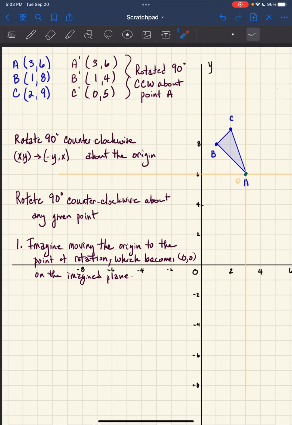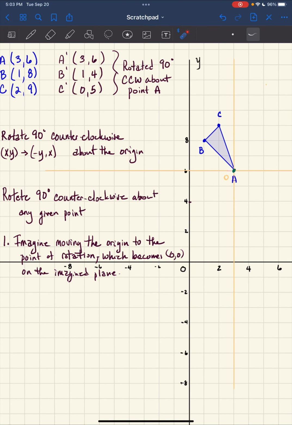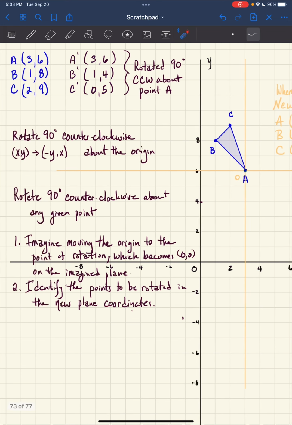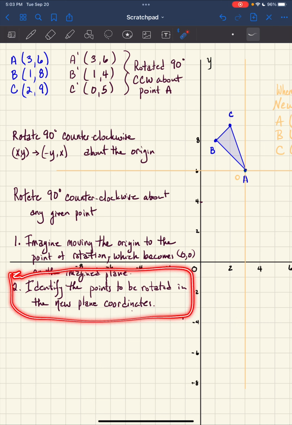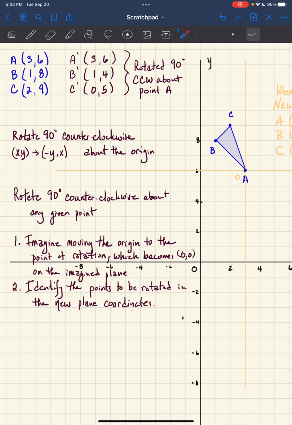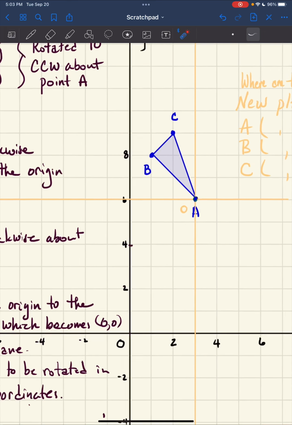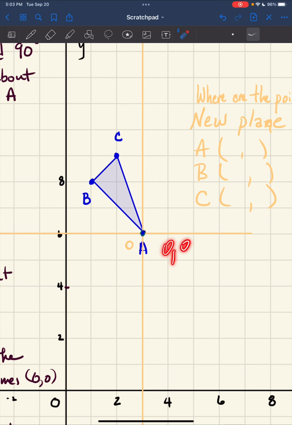After we imagine what that looks like in our heads, or sketch it out on the paper even, we need to identify the points to be rotated in terms of new plane coordinates. Like I said, A has become (0, 0) in our new plane. So what are B and C in this new plane?